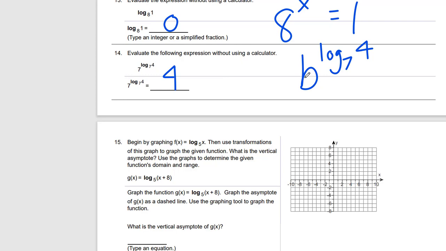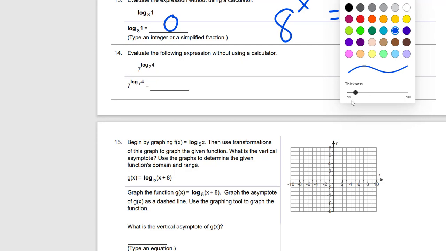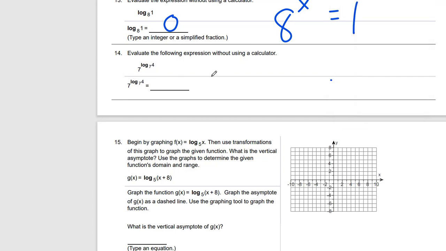So when you have a base raised to a log of the same base, the answer is just whatever the argument of the log is. Again, this has to do with inverse properties. And so in this case, the answer is going to be 4.